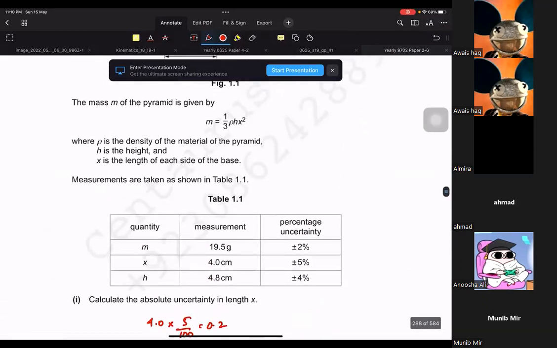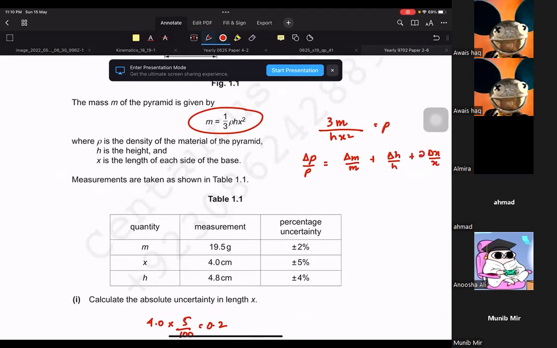First, we'll make it the subject: 3m over h x squared equals rho. All right, so change in rho over rho equals change in m over m plus change in h over h plus change in x over x, and multiply by 2 because of the power.